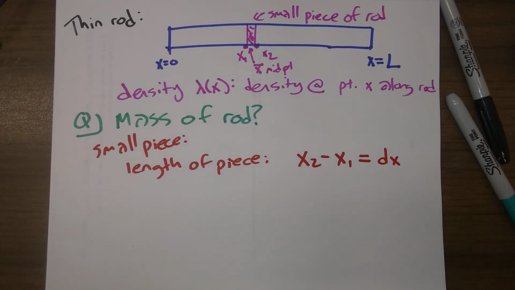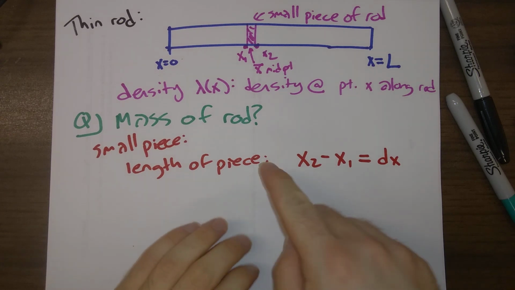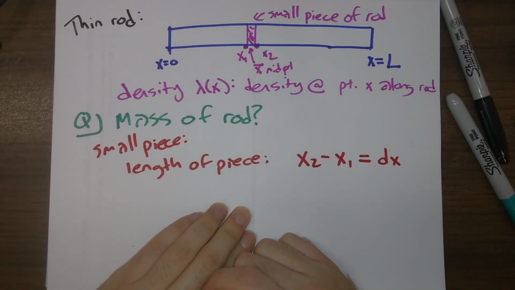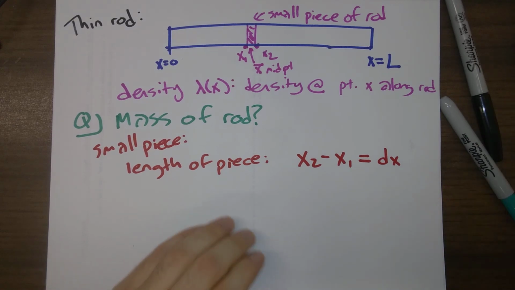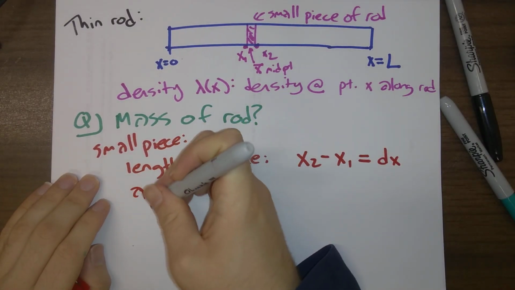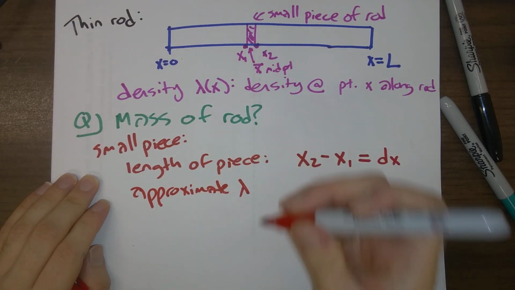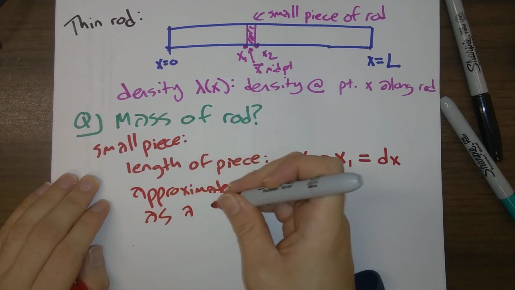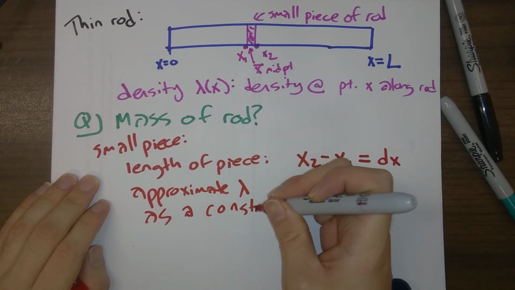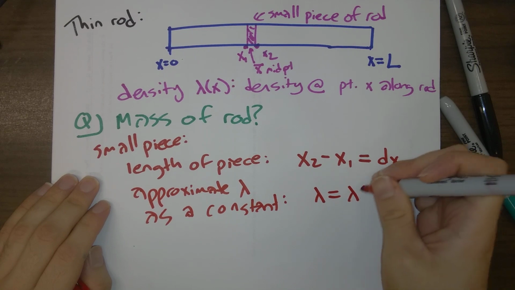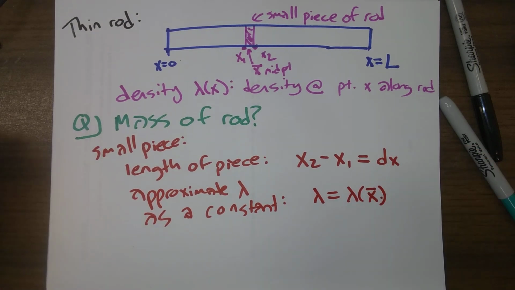It's going to be an arbitrarily small number. Now, we also have this density here. Density could be varying, but we're going to approximate our density lambda as a constant, where lambda is going to be lambda of the midpoint over the entire piece.